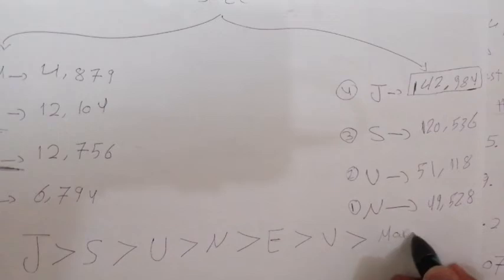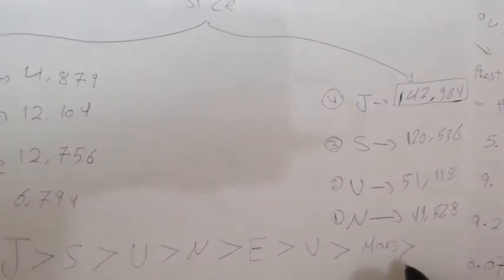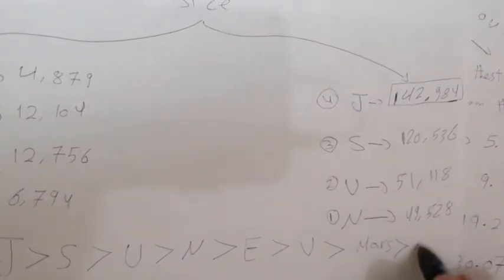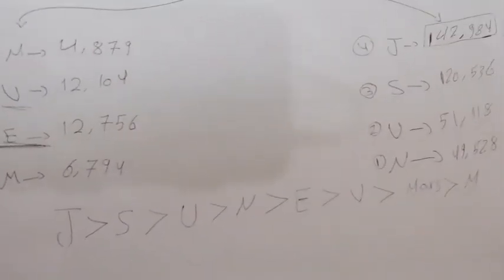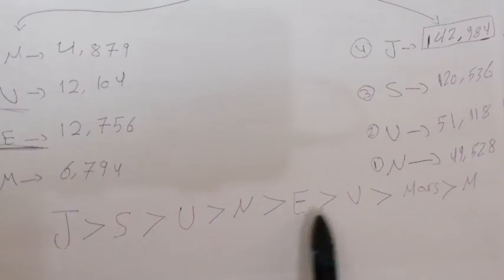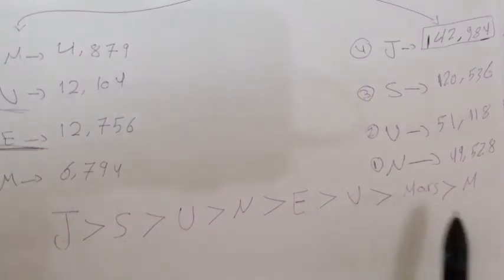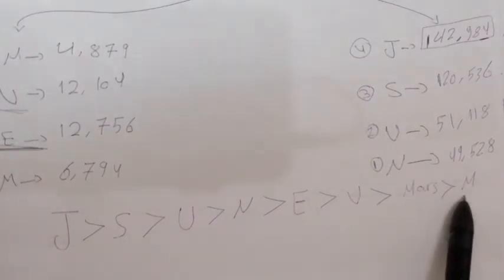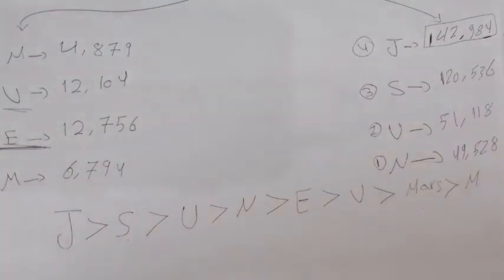Mars. Okay. Mars bigger than Mercury. Okay, so Jupiter, Saturn, Uranus, Neptune, Earth, Venus, Mars, and Mercury. Okay, so this was second.